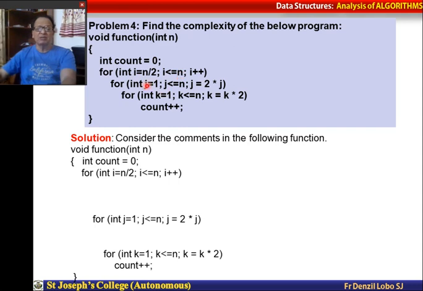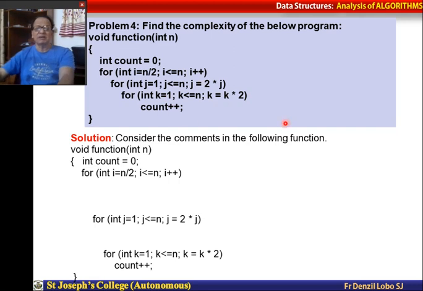For j is equal to n, j is less than or equal to n, and here it jumps by 2, like the binary tree. And here again, it jumps by 2. For k is equal to 1, k is less than n, k jumps by 2. The k value jumps by 2, 4, 8, 16 and so on. So, count plus plus.